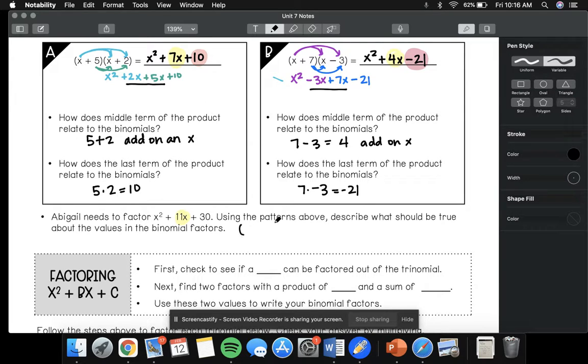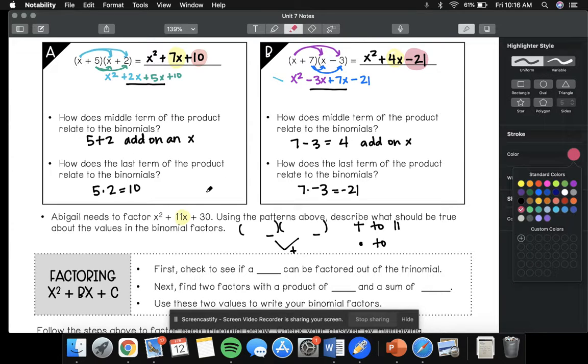So it should look something like this, plus that should equal 11. So the two numbers should add to 11. Then it looks like the last term needs to multiply to, in this case, 30.